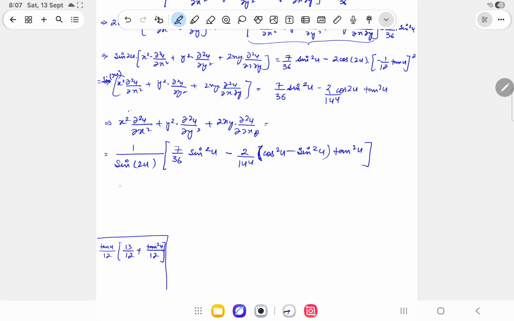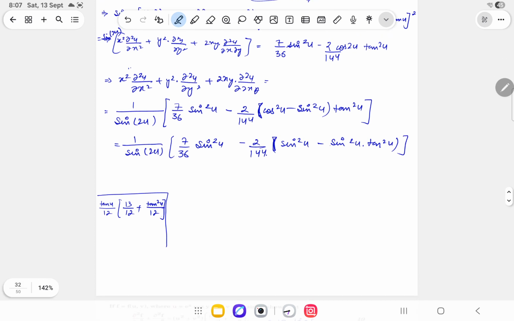So this will be equals to 1 by sin 2u into 7 by 36 sin square u minus 2 by 144, cos square u into tan square u will give me sin square u, minus sin square u into tan square u.